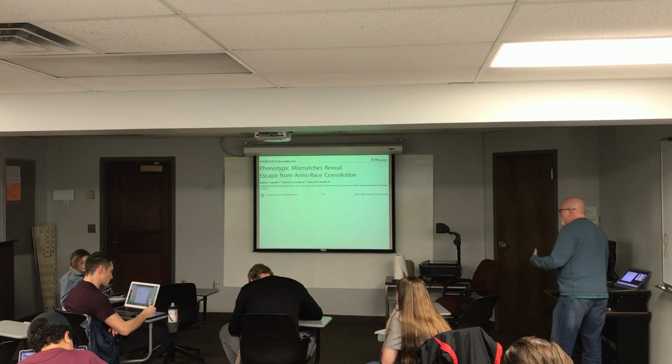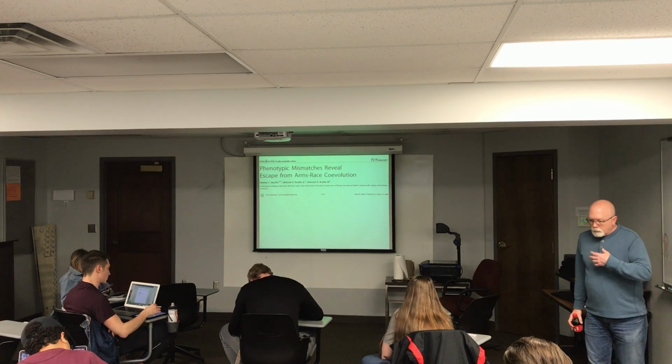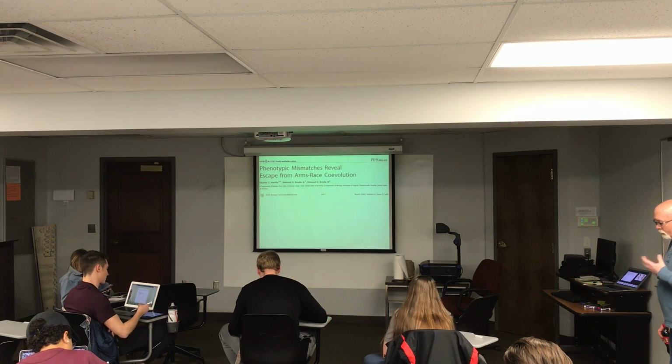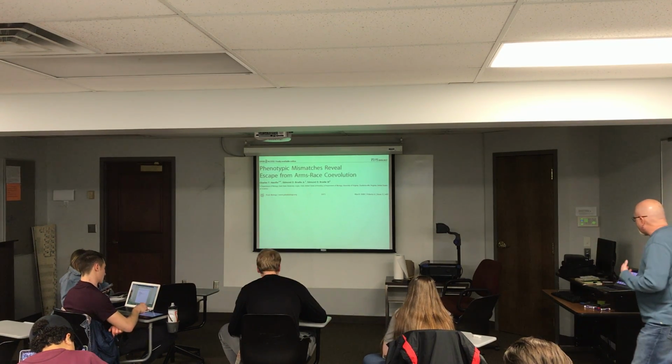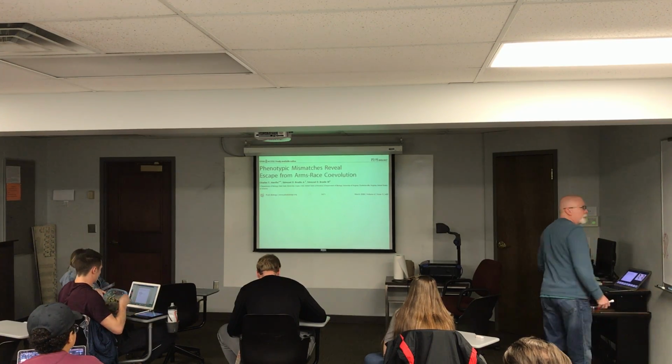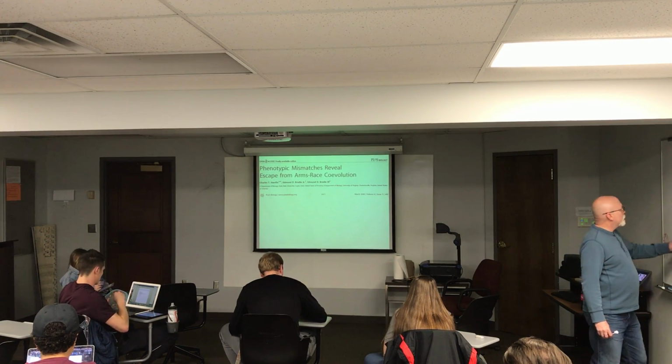So the last paper that you guys read in E&E about this particular case study was this one where they looked for phenotypic mismatches. And phenotypic mismatches can occur in one of two ways.